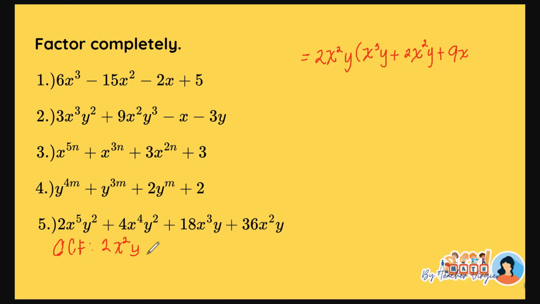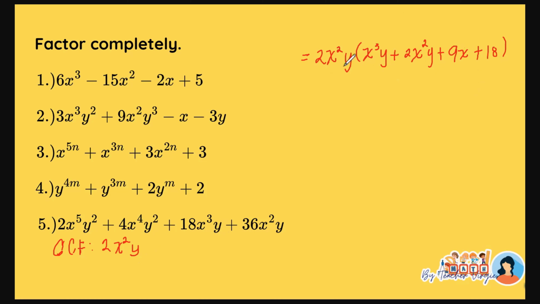Then y divided by y is 1. So 9x. The last term will be 36 divided by 2, which is 18. Then x squared divided by x squared is 1. y divided by y is 1. So just 18.